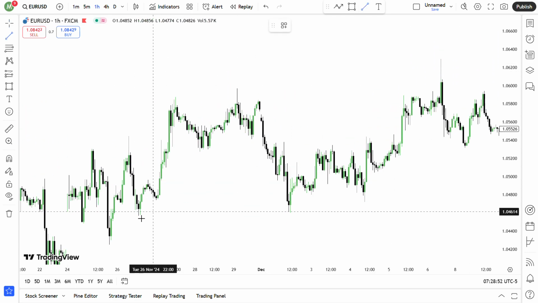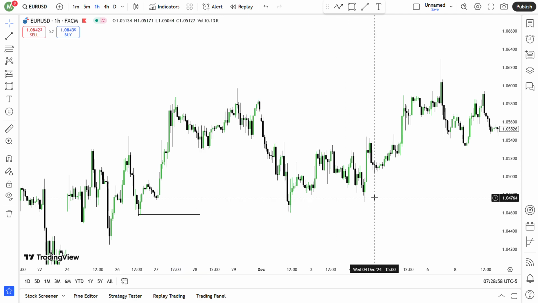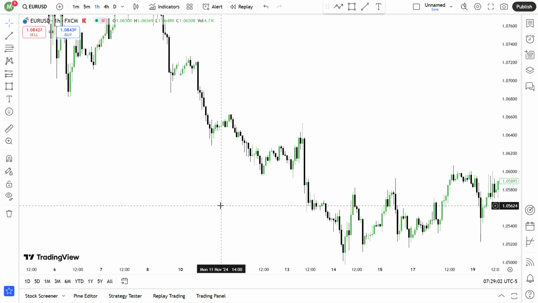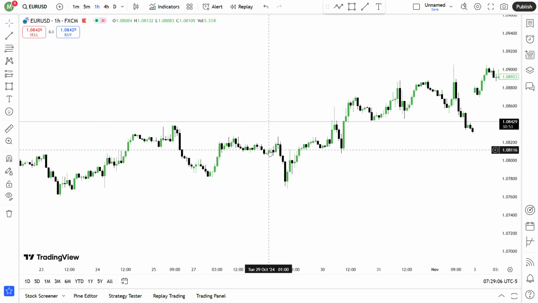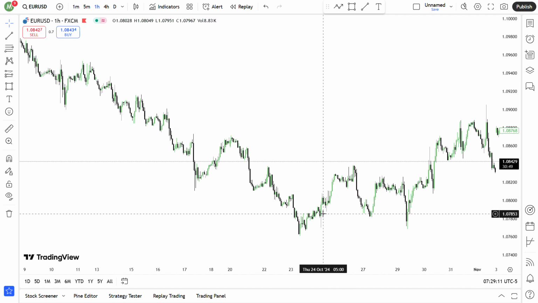When the market breaks this liquidity point, this is too long. Yes, this is good, similar sell side liquidity. When the market breaks out a sell side liquidity, you need to find a proper liquidity point in the chart.